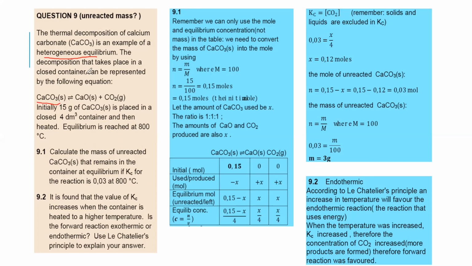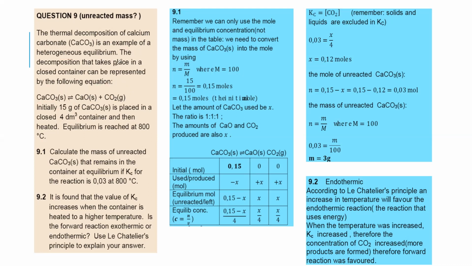Most of the questions are only gases. Reactants are gas, products are gas. So only one phase is what we call homogeneous equilibrium. If there is more than one phase, as you can see here, there is solid and gas, so more than one phase, it becomes heterogeneous.